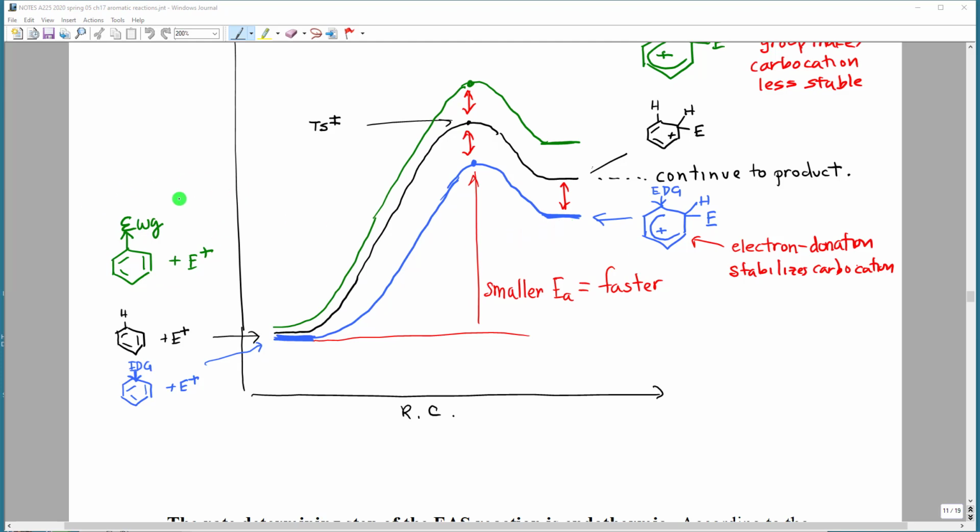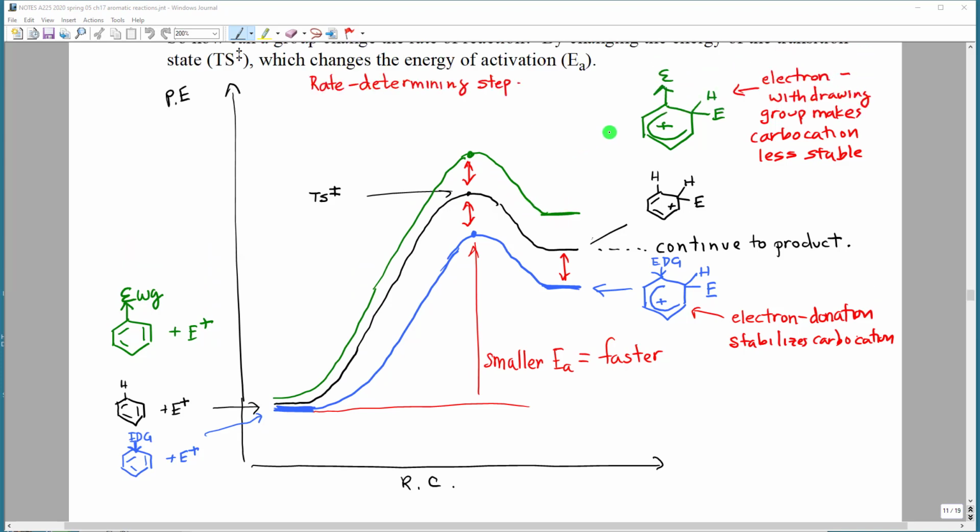If we look instead at having an electron withdrawing group attached, we would get the green energy profile. Again, we would start at about the same energy. We would go up over a transition state down to an intermediate carbocation product. In that case, however, the carbocation with an electron withdrawing group would become less stable. That would raise the energy of our green intermediate product.